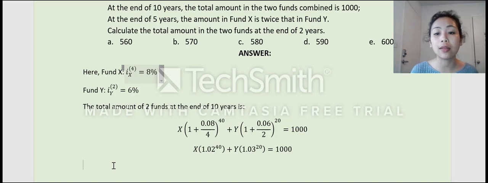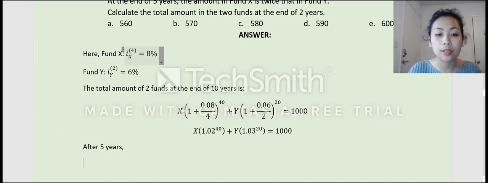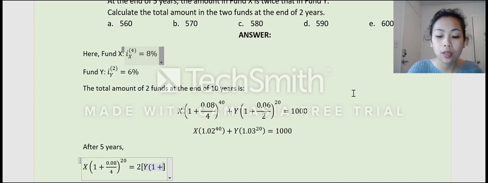X is twice that in fund Y. So after 5 years, we have the second formula, that is X times 1 plus 0.08 over 4, the whole thing to the power of 5 years, so 5 times 4 is 20, equal to 2 times the amount of fund Y, so that is Y times 1 plus 0.06 over 2, the whole thing raised to the power of 10.